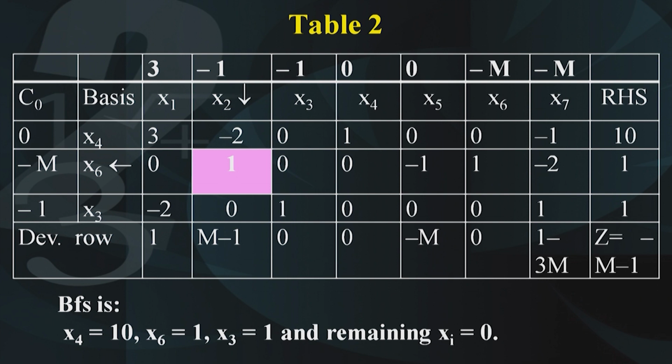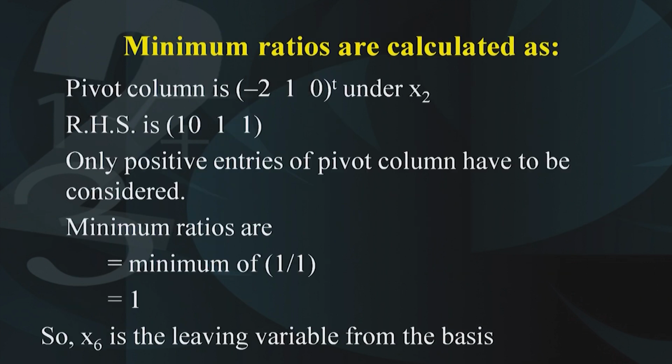Next, we need to decide which variable should leave the basis. For this, we need to perform the minimum ratio test between the right hand side and the pivot column. So, how do we perform that? The pivot column is minus 2, 1 and 0, and the right hand side is 10, 1 and 1.